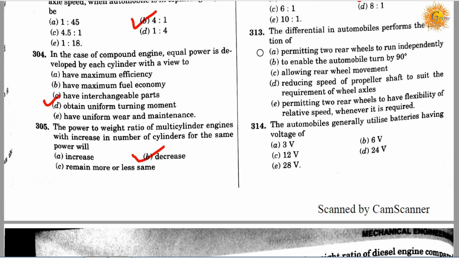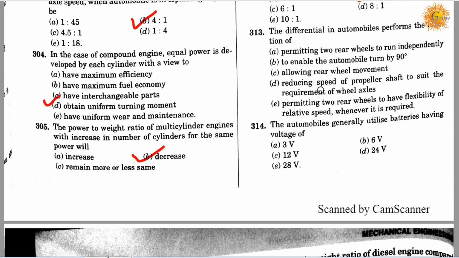Question number 313. The differential in automobile performs the function of option A, permitting two rear wheels to run independently. Option B, to enable the automobile to turn by 90 degrees. Option C, allow rear wheels movement.